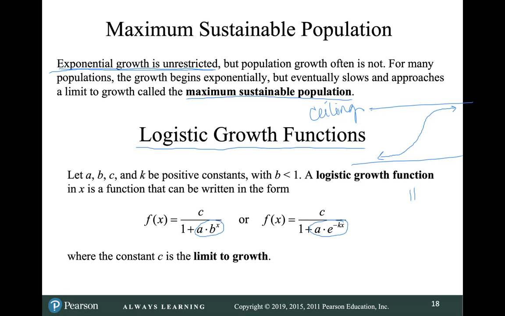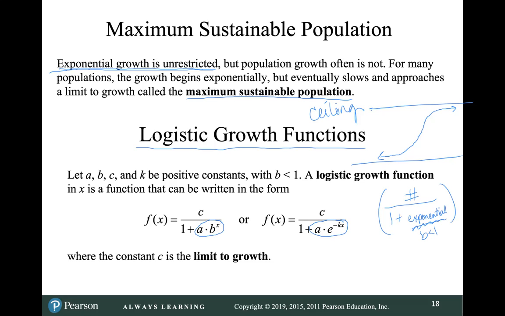So we have a number divided by 1 plus an exponential function. And as long as the base is smaller than 1, that is a logistic function. Okay, so if my exponential function has a base that is less than 1, that is a logistic function.